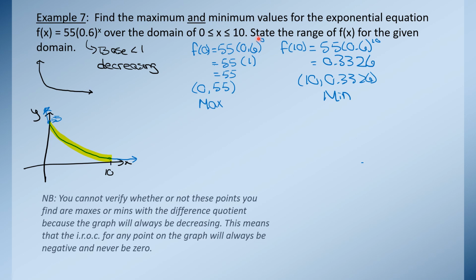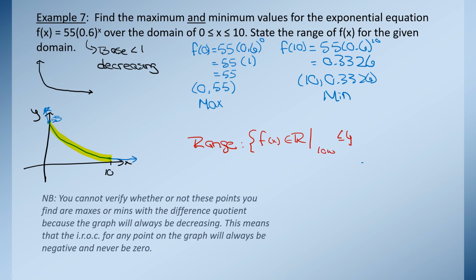The last thing we have to do is state the range for the given domain. Okay, the range is always set up like this. So our range is y is an element of real numbers, or I'm going to put f(x) is an element of real numbers, such that, so we always put our low number here.